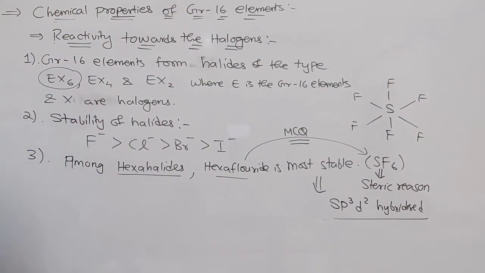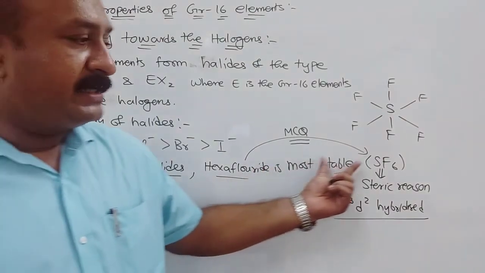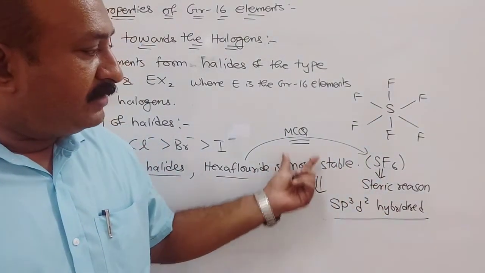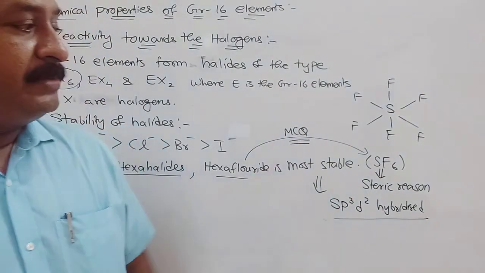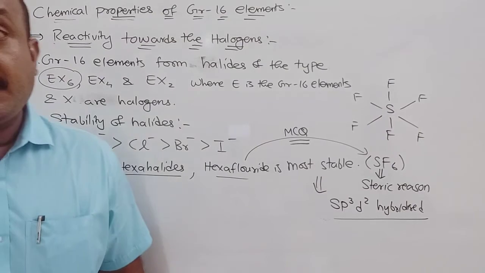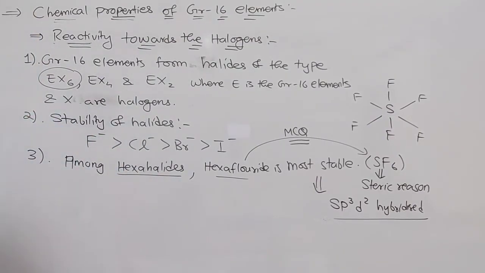So these questions can be asked for MCQ. Which one is the most stable hexafluoride? It is SF6. Why is it stable? Because of steric hindrance. And what is the hybridization? It is sp3d2 hybridized. Understood? So this one you can write down.